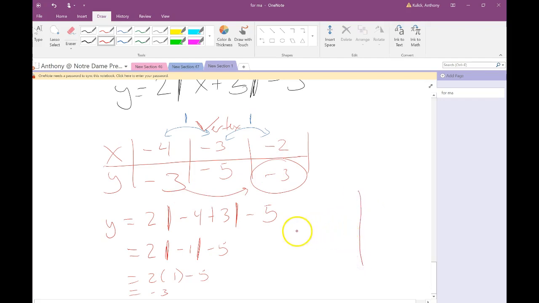So now I just need to plot these points. So I have, it looks something like this. Is that what you're asking about, Erica? Yeah? Okay.